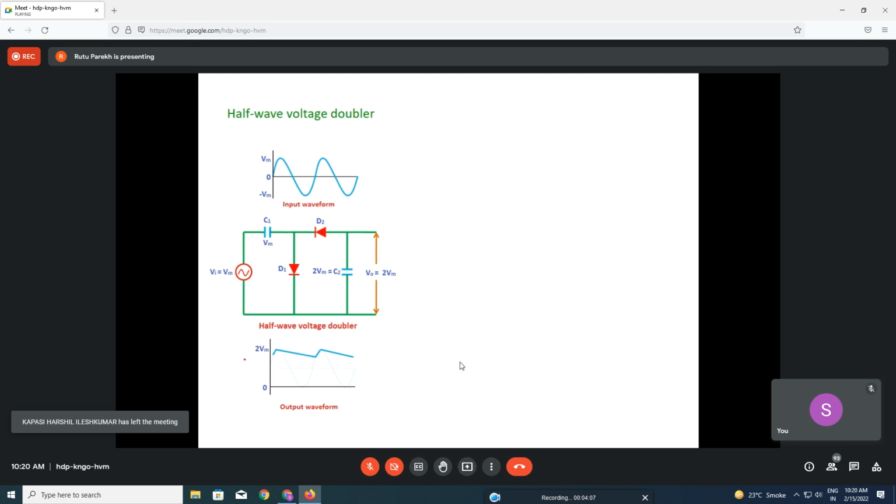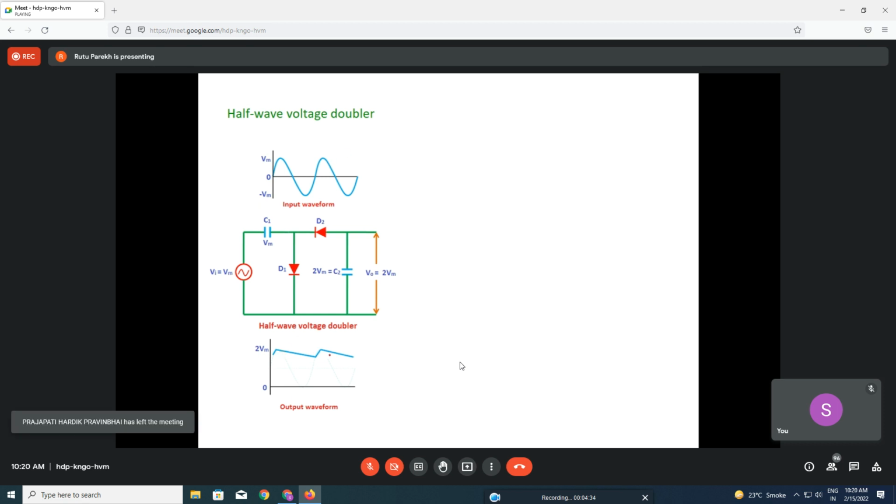I'll use the pen only because that will be easy rather than the pointer here. So let us start with this doubler circuit. And what it basically does is that there's a sine wave as an input, AC signal as an input. And what you get is if this is plus minus Vm, right, in the doubler you will get a DC signal.